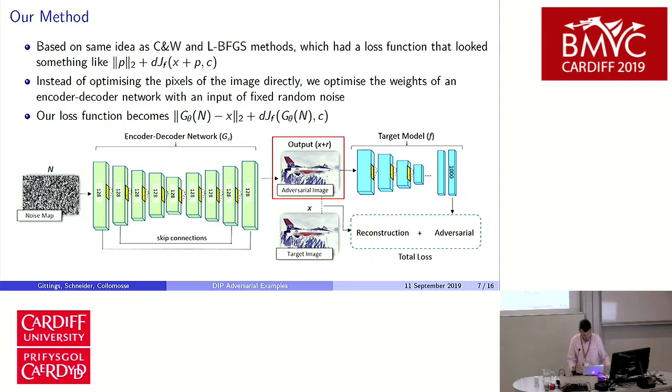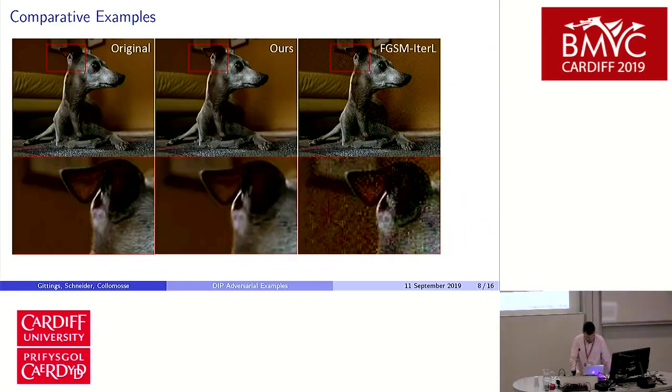So every image gets its very own network that we train up to produce our adversarial image. So yeah, the idea being that this just provides some form of regularization. So that's our loss function, which is exactly the same, apart from the fact that we're looking at the output of this generator network rather than just the image directly.